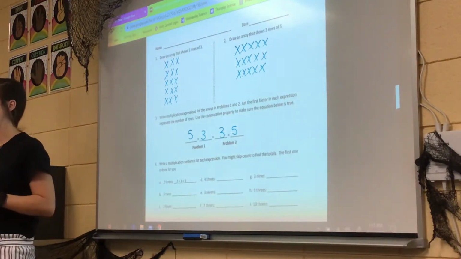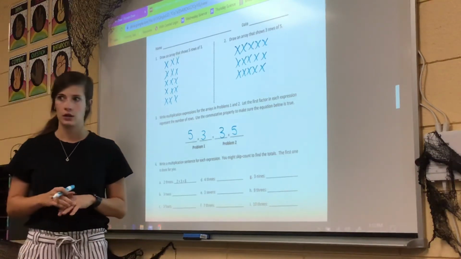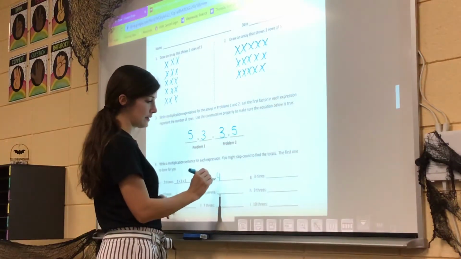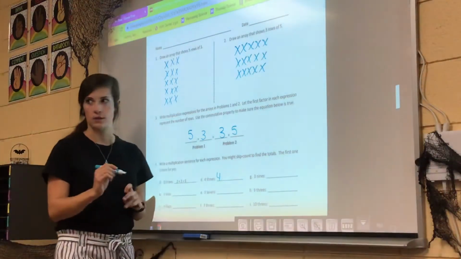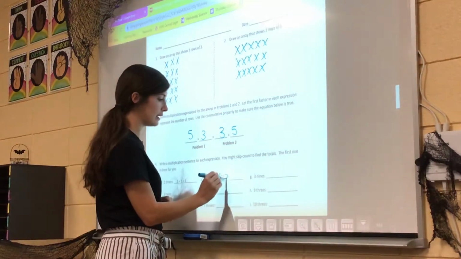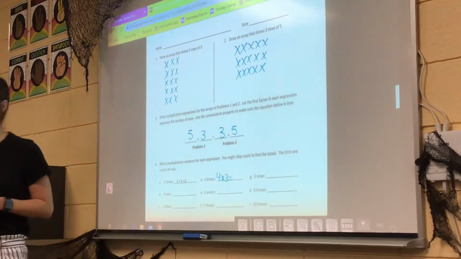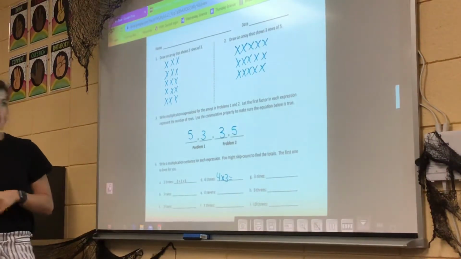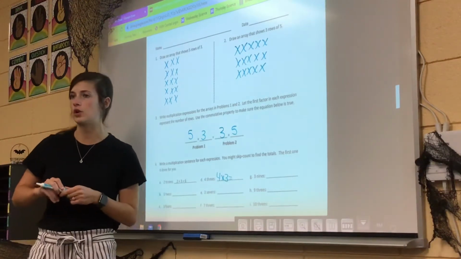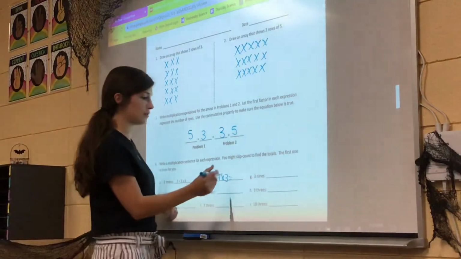What will our multiplication sentence look like? 4 3s, Jenna. 4 times 3. 4 times 3 equals what? What is 4 times 3? Says you might skip count to find the totals. If we count by 4s, Jolie? 12. 4 times 3 equals 12.